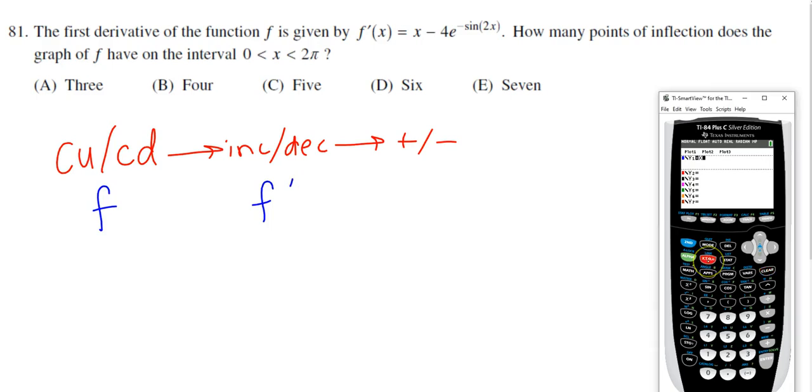So grab your calculator. Let's start by graphing this. Pause if you need to. We've got x minus 4e to the negative sine of 2x. Okay, and we want to graph this on the interval 0 to 2 pi.